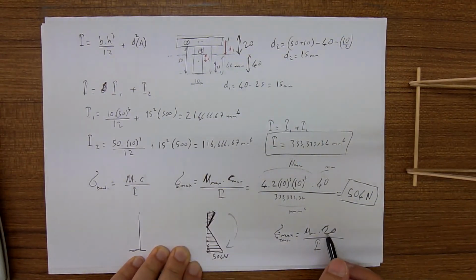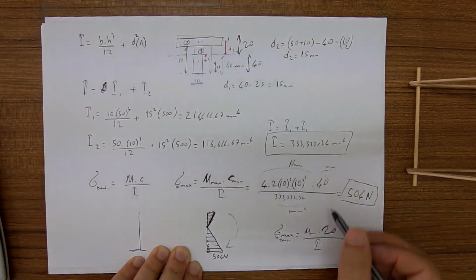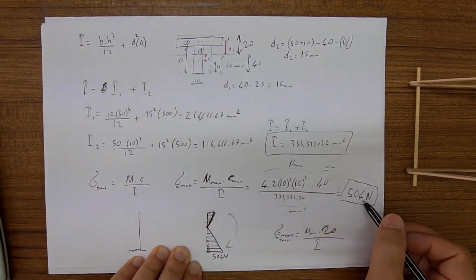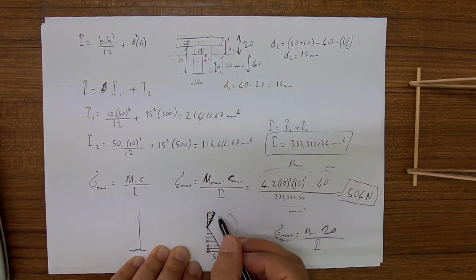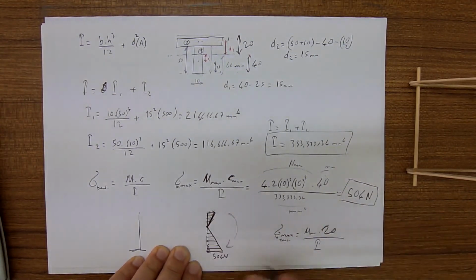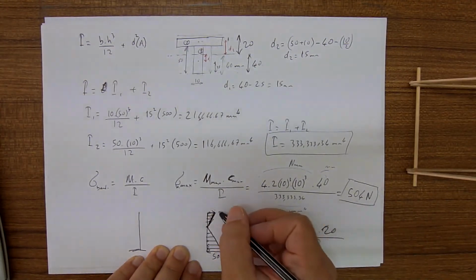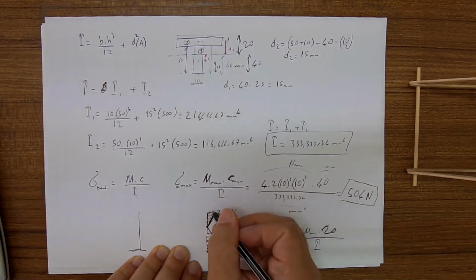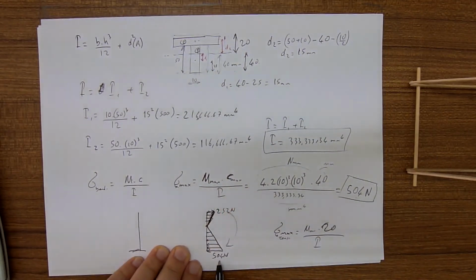The only value that is changed is c, therefore it is half, and the maximum normal tension stress is 252 newtons. Maximum compression stress is 504 newtons, and in total the absolute maximum normal stress is 504 newtons.